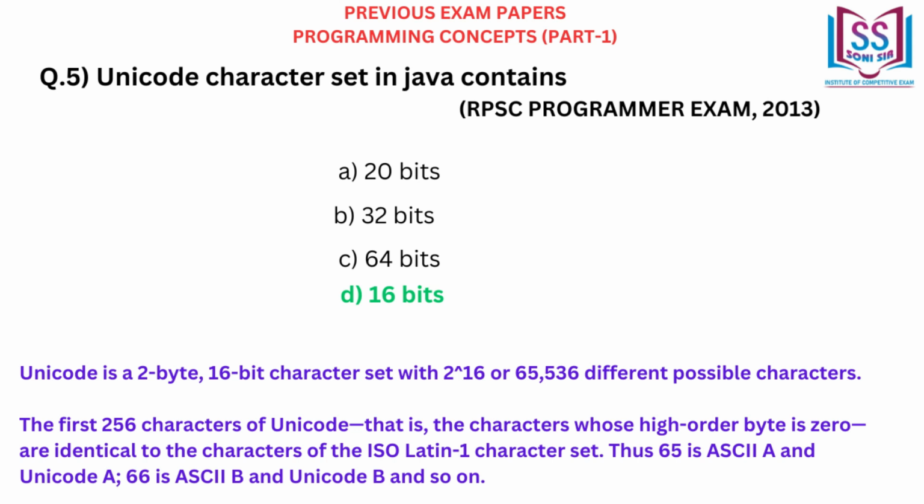The first 256 characters of Unicode, that is, the characters whose high order byte is 0, are identical to the characters of the ISO Latin 1 character set. Thus 65 is ASCII and Unicode A, 66 is ASCII and Unicode B, and so on.